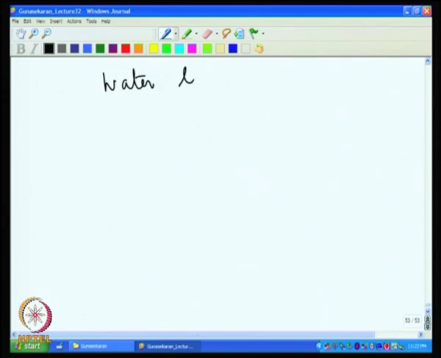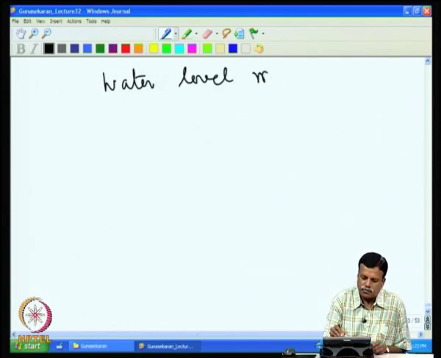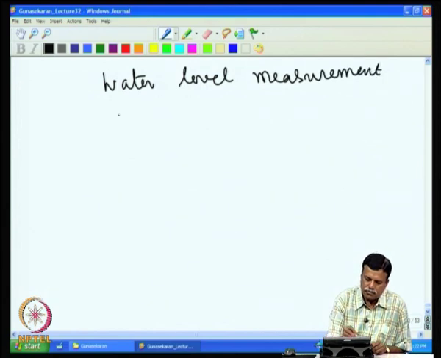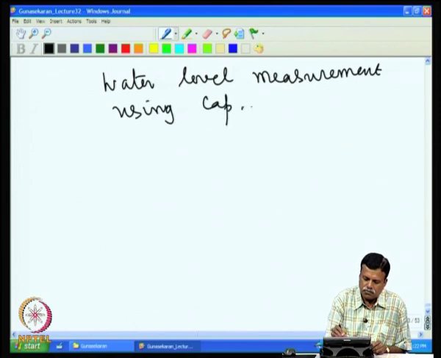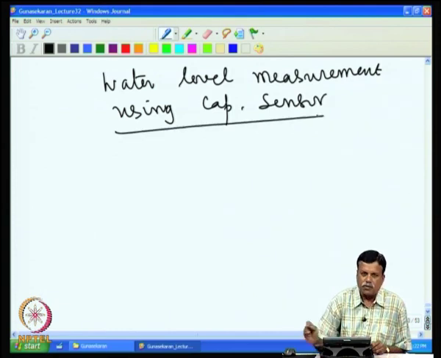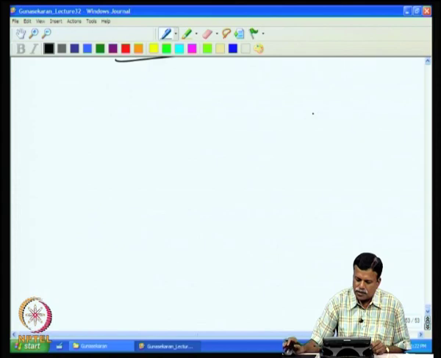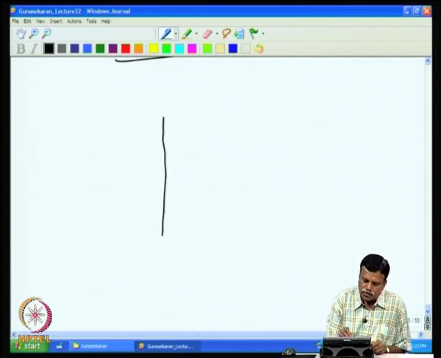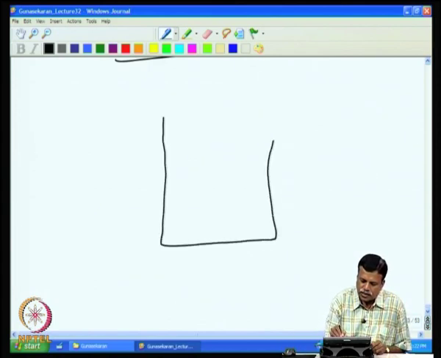Now, let us turn to another application, that is how to make a water level measurement using a capacitance sensor. This is a technique that is used to measure the level of the water in an overhead tank.